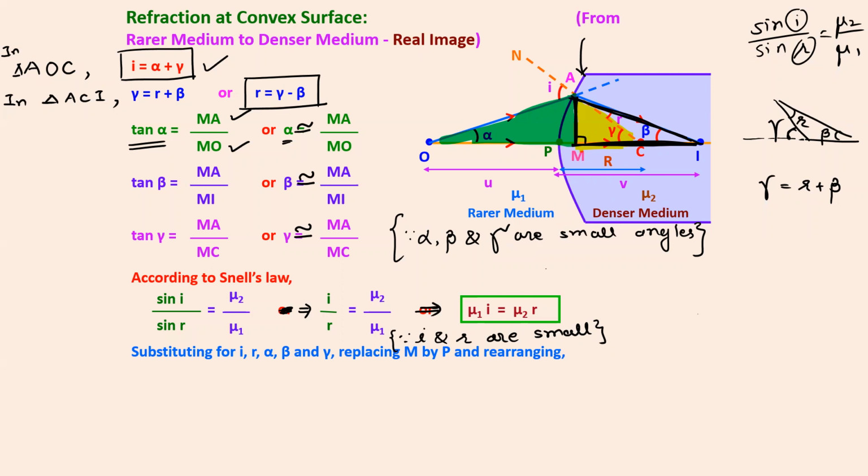Take your time. They are very small. What does that mean? If they are small, then sin i is similar to i and sin r is similar to r. If i and r are small, then in that case we can put like this.